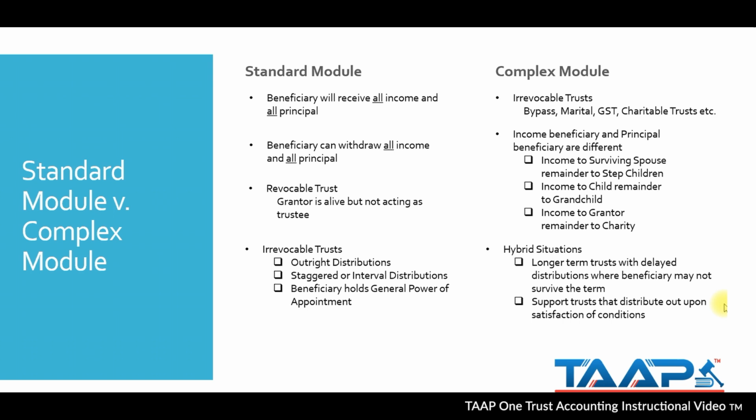And you take a look at that beneficiary, who may be ill, or you don't want to take a chance that you'll have to go back and redo all this information. You can start with the complex module from the outset. Likewise, in our support trust, where we have conditions that may not be satisfied, it's the same consideration.